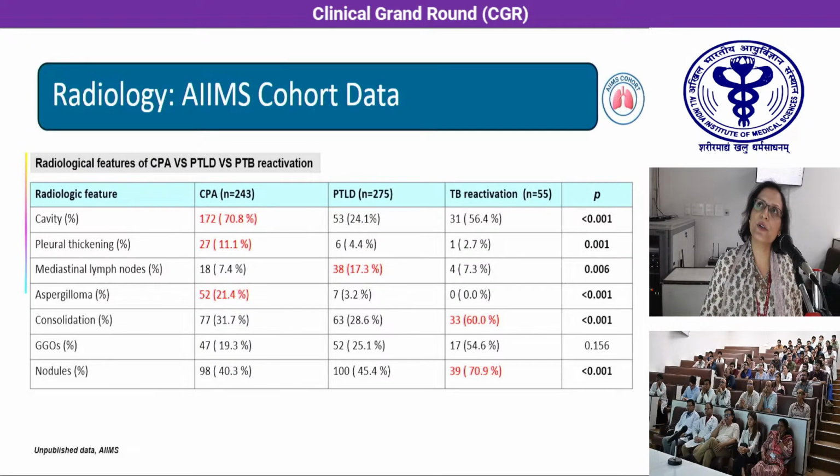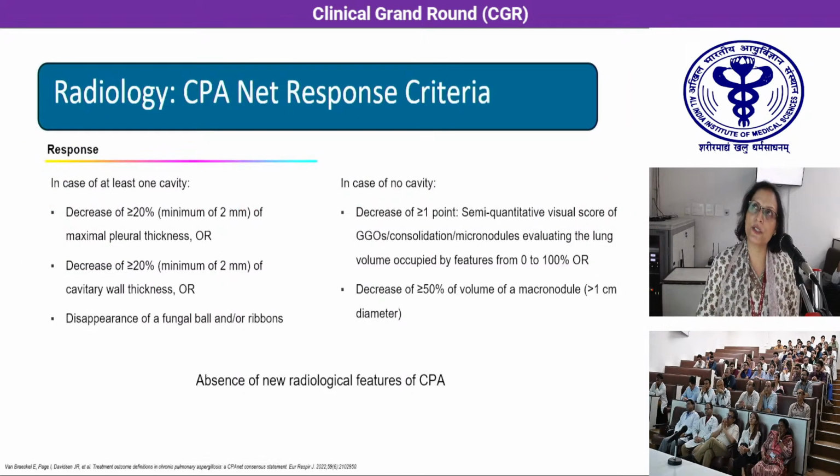This is the larger AIIMS cohort data, yet unpublished, which also showed the presence of cavity in 172 out of 243, so more than 70% of patients in CPA, compared to 55 and 53 patients in PTLD and tubercular reactivation. Apart from that, presence of aspergilloma was seen in CPA, but no cavity with intracavitary soft tissue was seen in PTLD and TB reactivation patients.